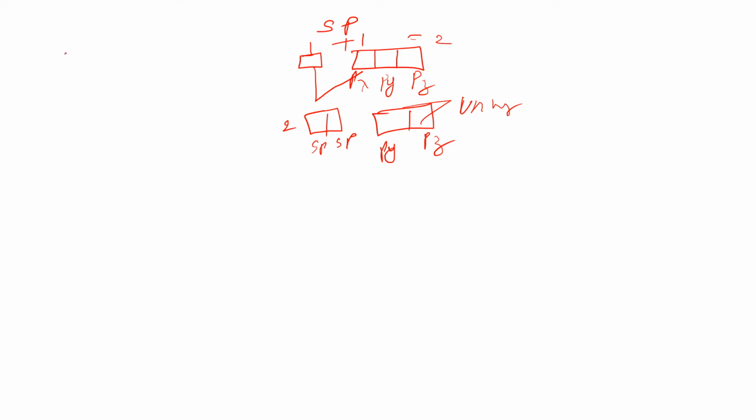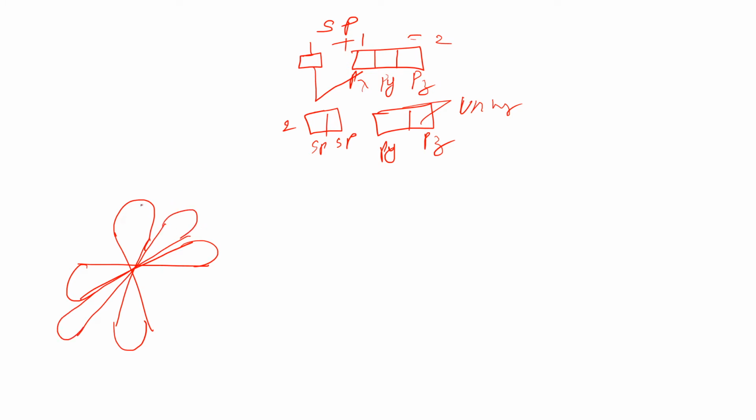So let us discuss the example. Here you can see the structure that is going to be involved in the hybridization. Here this is the pz and this is the pz, here is py and also py, and here you can see the px.